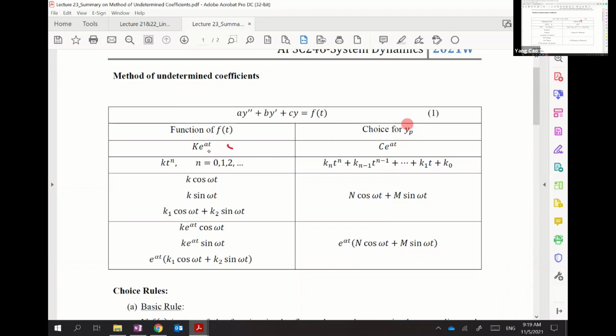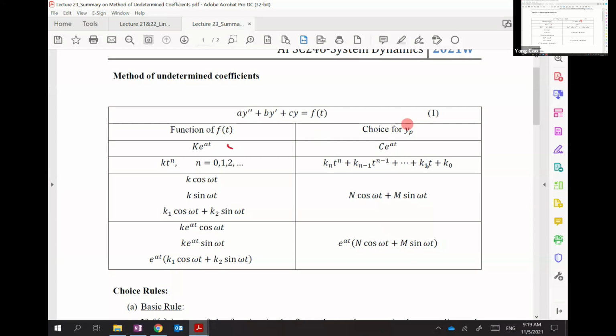If your f of t is in the format of k times e to the power alpha t, then you need to pick your particular solution yp as c times e to the power alpha t. Don't delete or shorten any part of the format. You need to write down the whole expression for yp based on the type of input function. Here c is a constant, that's what we're going to find out.